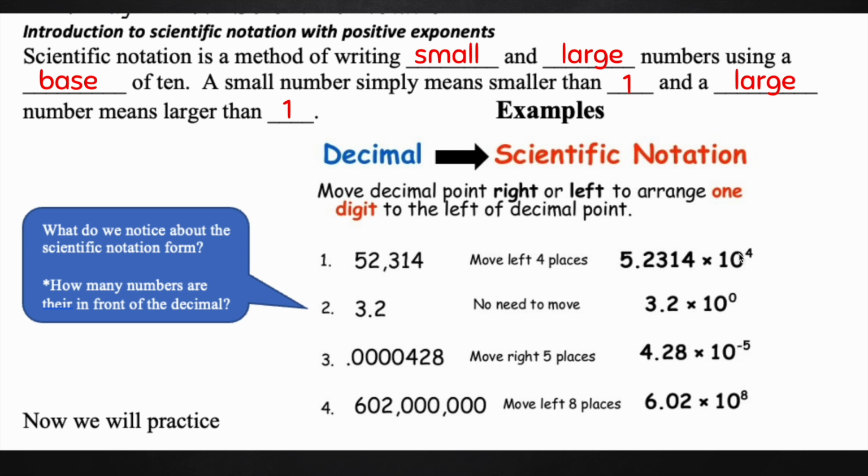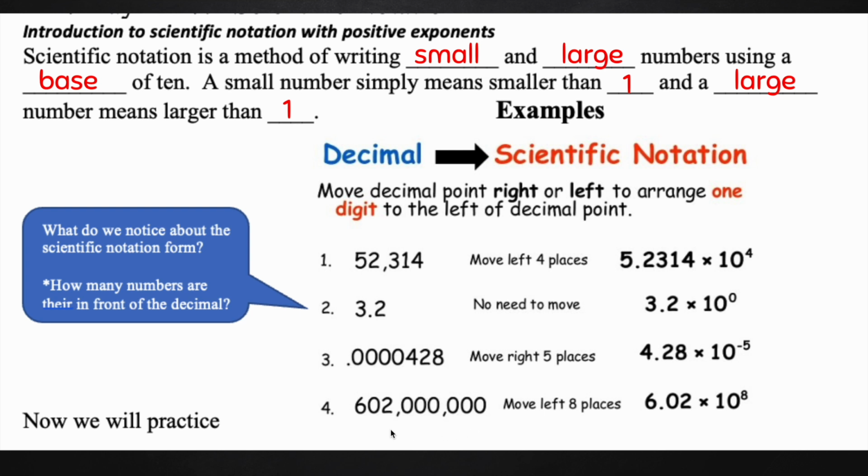And I'm going to go through and explain a little bit more about the positive and negative, so hopefully that'll make a little bit more sense, because I know sometimes it seems a little backwards when we're doing this. So this one we have 602 million. And we're going to take that decimal that's on the right side here. I don't see it, so it's automatically here.